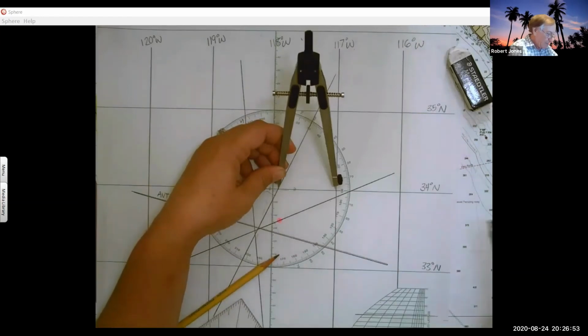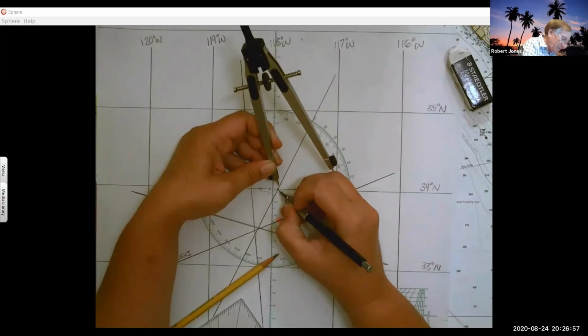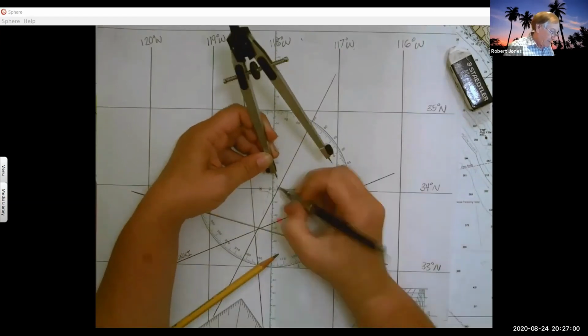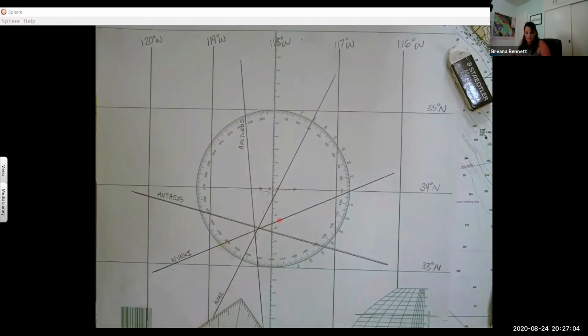I'm right on that line for me. Yeah, me too. Right on the line of position. Yeah, that's my assumed position. We have a bearing of 244.